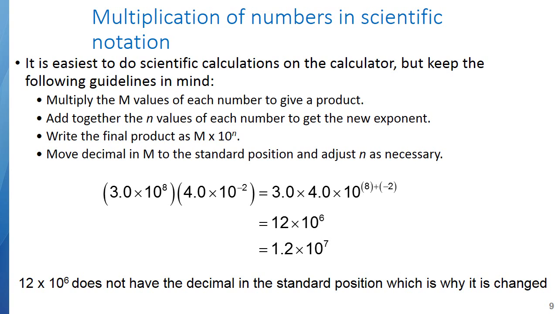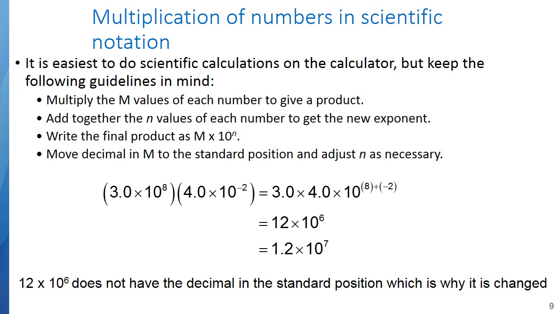You can see that what you need to do is multiply the m values first. So 3 times 4 gives me 12. And then exponents are added. When you multiply two numbers together, the exponents are added. So in this case, 10 to the 8th times 10 to the minus 2 is the same as 10 to the 8 plus a negative 2, or 6.